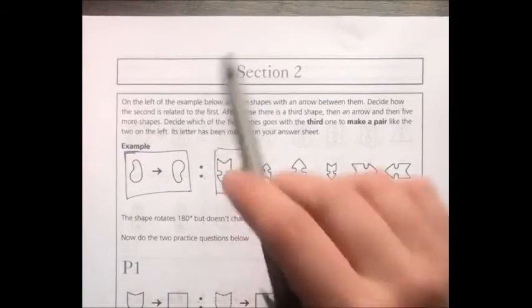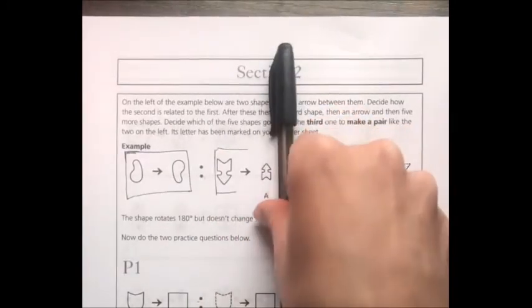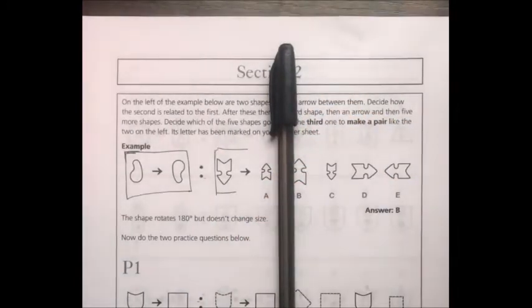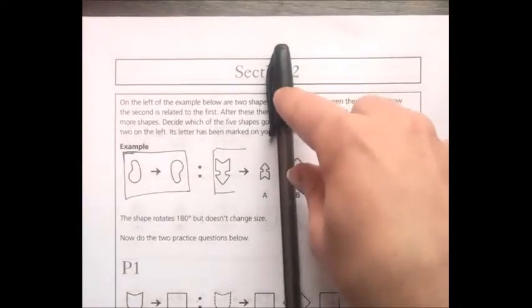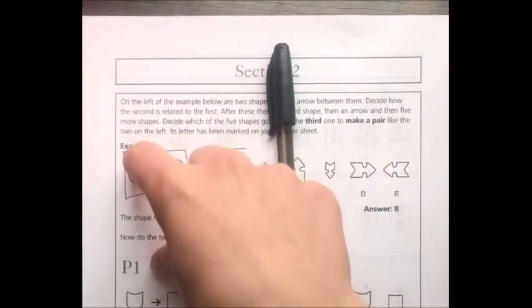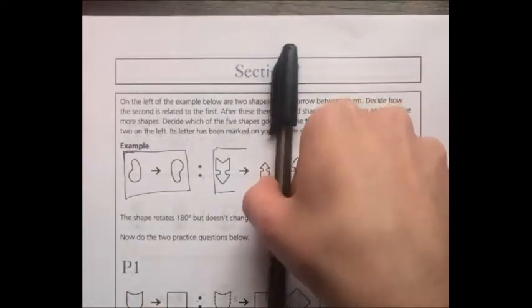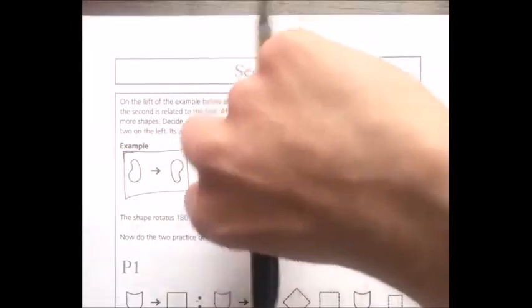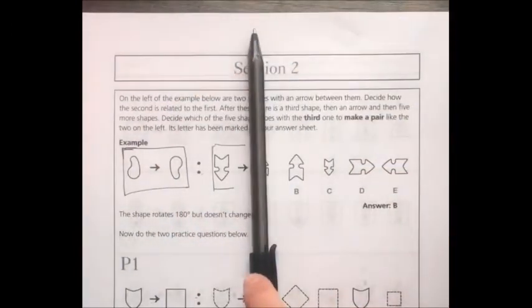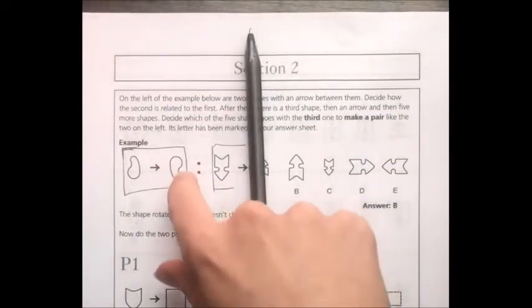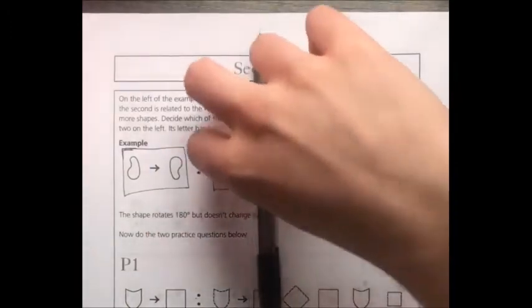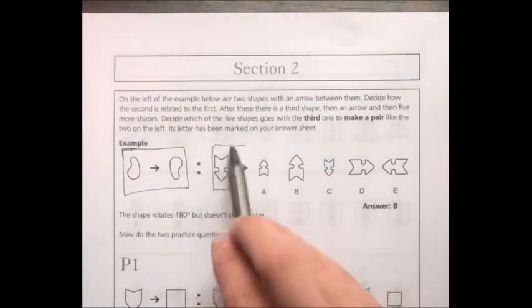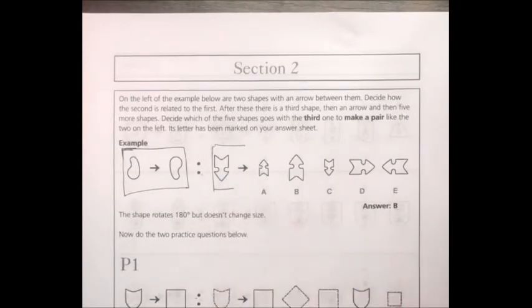So imagine your pen this way, and the lid is this little blob that you can see at the top, and then it's rotated 180 degrees, so that's half a turn. And now the blob is on the bottom, and that's what we can see here. Okay, so let's copy this on from the third shape to then select the fourth, okay, and make a pair.